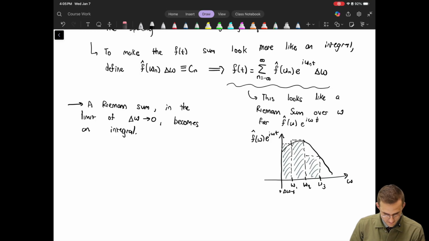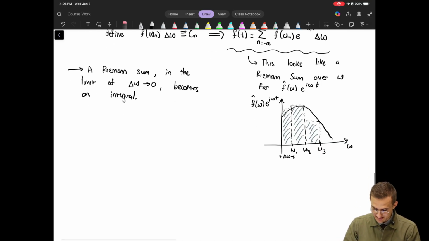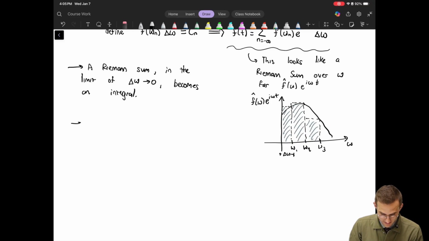And this is where we're going to make a little bit of a leap. It's still a limit argument. This is actually not super non-rigorous. It's a decently sound mathematical argument.